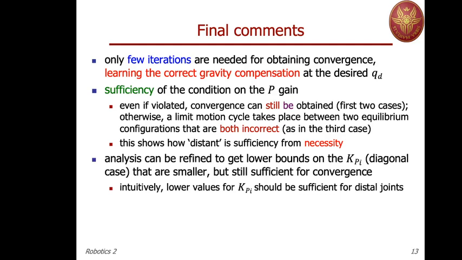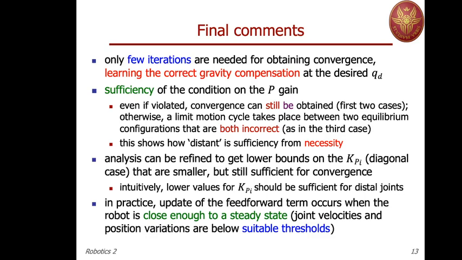But indeed, one should refine the analysis in order to prove this, which is, for me at least, an intuitive result. And this explains also why in the first two cases we had convergence, because we had, let's say, large enough gains on the joints that needed this strong proportional action.